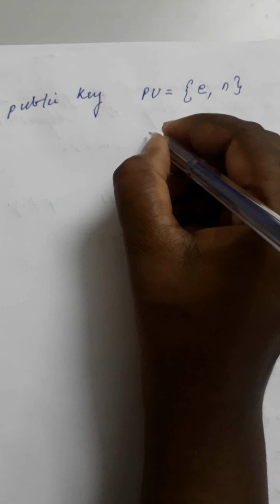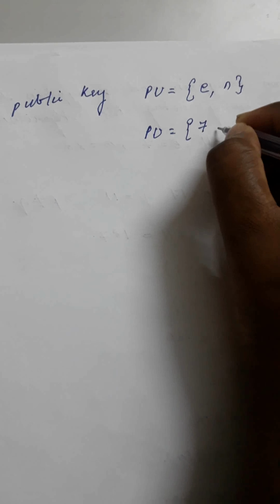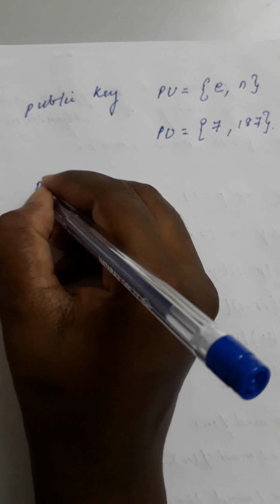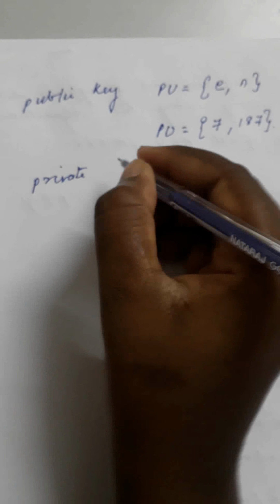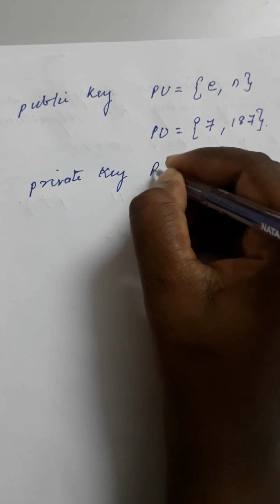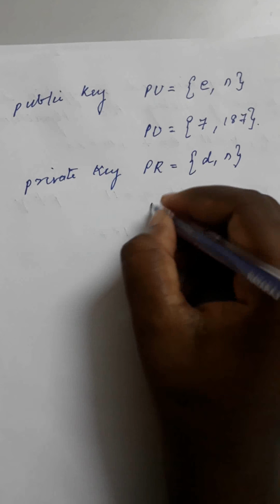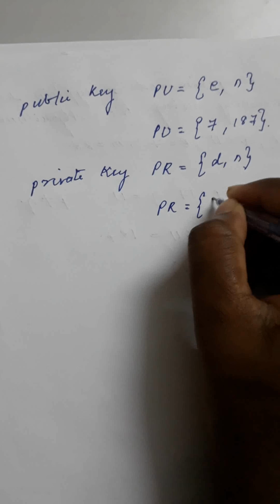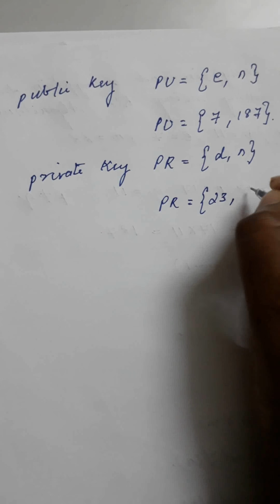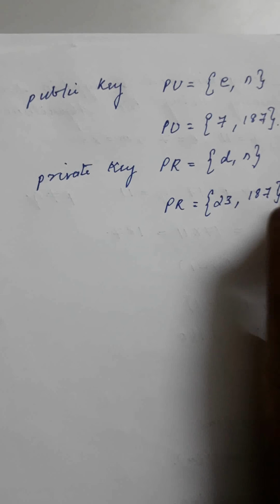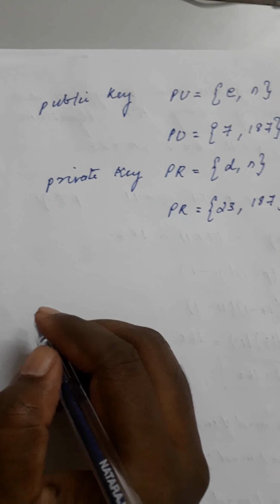PU is equal to E comma N. PU is equal to, value of E is 7, value of N is 187, and the private key PR is equal to D comma N. PR is equal to, the value of D is 23 as we have calculated, and value of N is 187. So the key generation process is over.